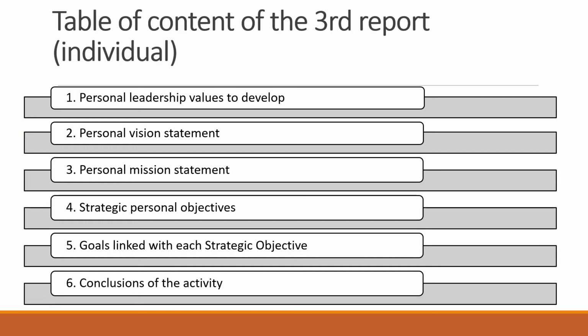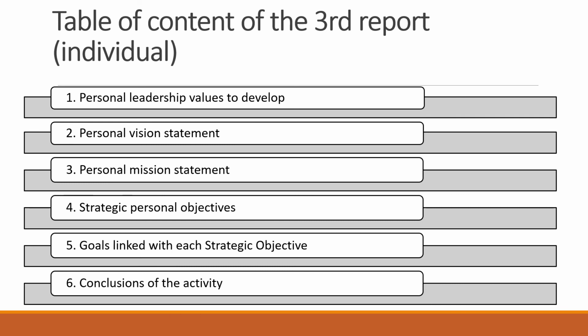And finally, you will have your table of contents. The table of contents of this third report is individual, and it must have these parts. Personal leadership values to develop. Okay, remember, step your values, your skills, and describe them.